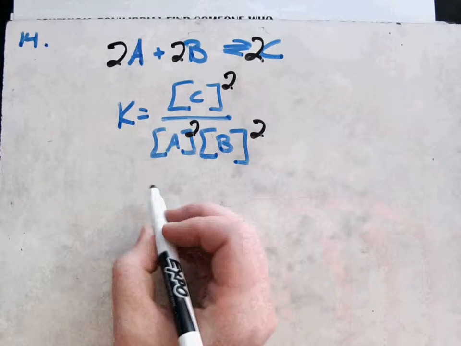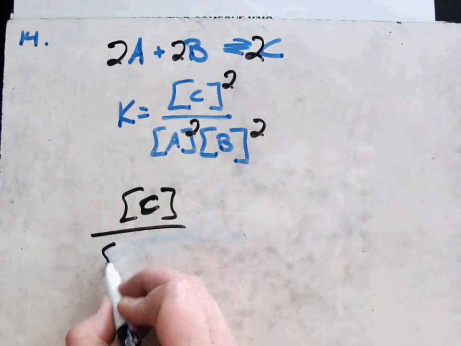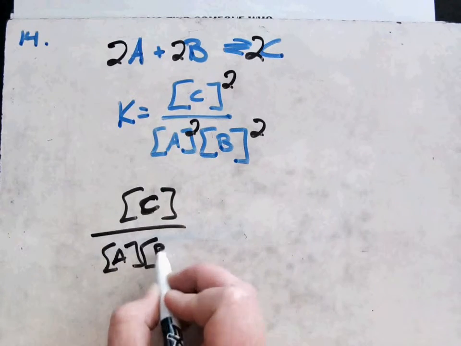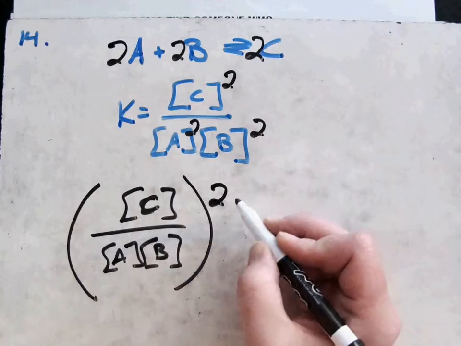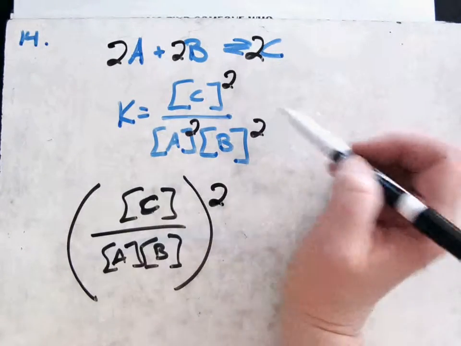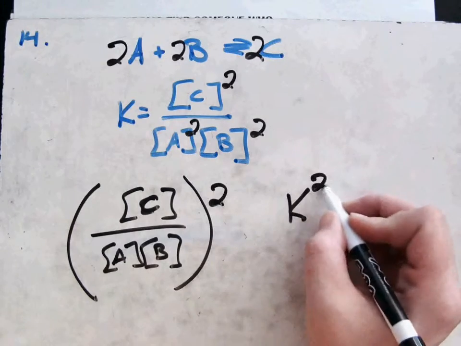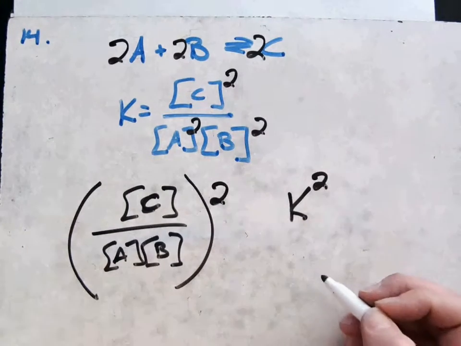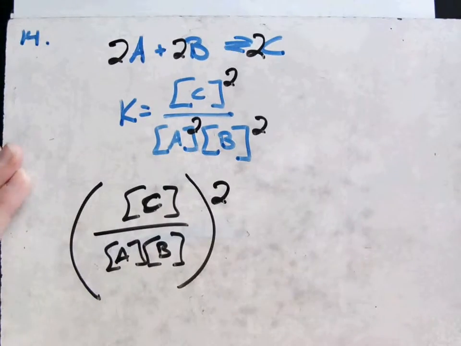Look what happens. My original K was C over A and B, and the whole expression got squared, didn't it? Couldn't you pull the 2 out of each of those? So my original K got squared when my reaction was doubled.